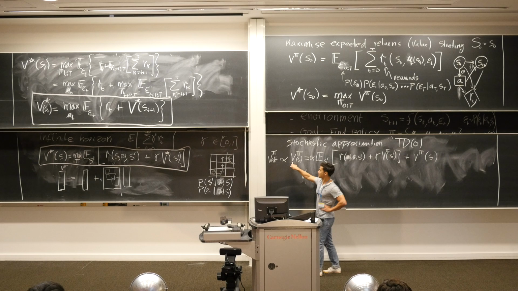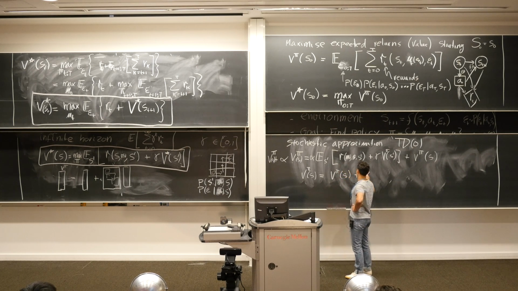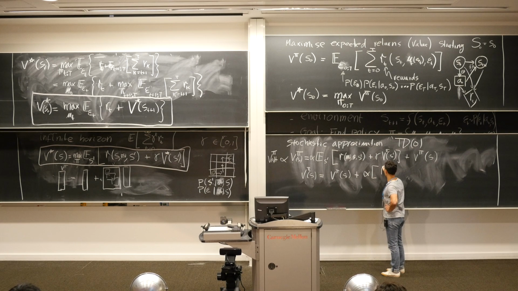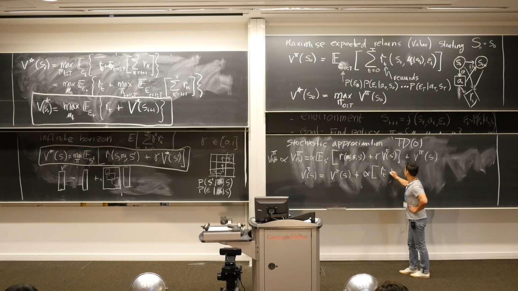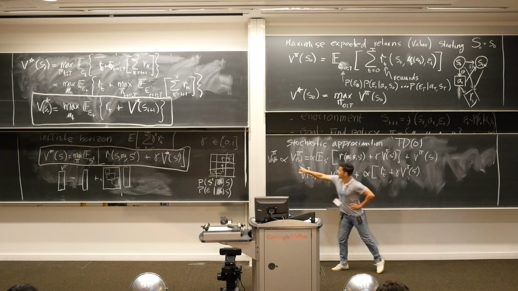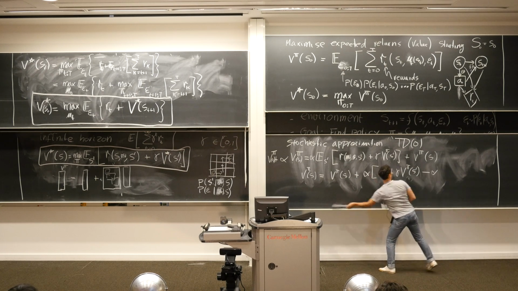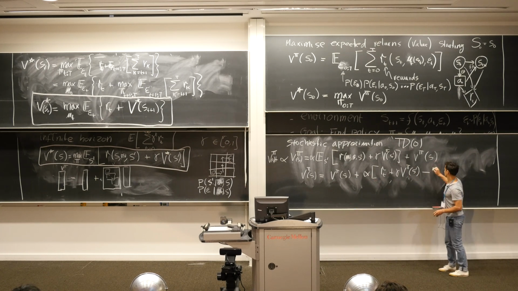I'm going to move this to the right, and V pi of s is going to be equal to V pi of s plus alpha times R t plus gamma V pi of s prime, and then minus alpha, oh, the alpha is a common factor, and minus V of s here.